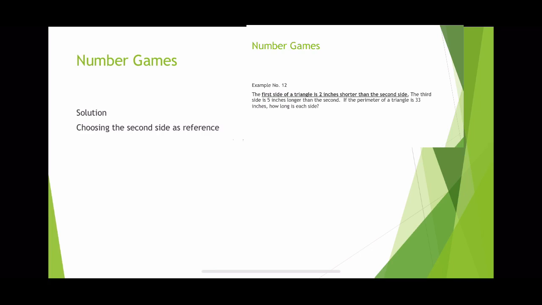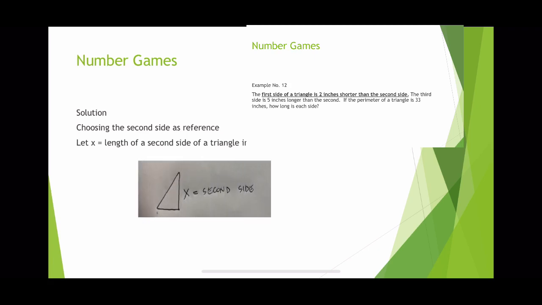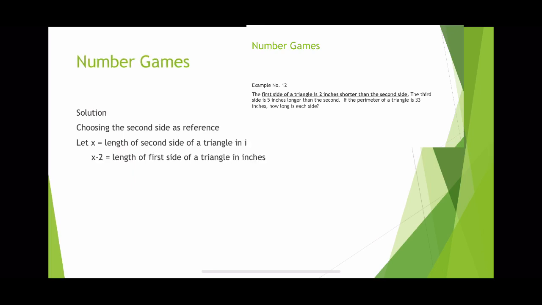So for the solution, choosing the second side as the reference, we let x is equal to the length of the second side of a triangle in inches. So here is the figure. And then x minus 2 is equal to the length of the first side of a triangle in inches.